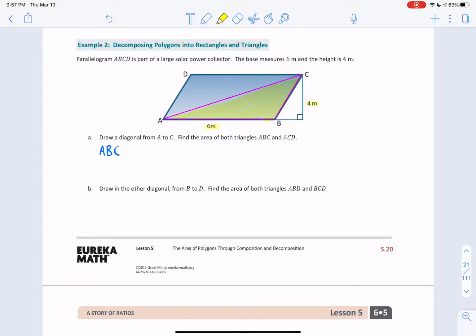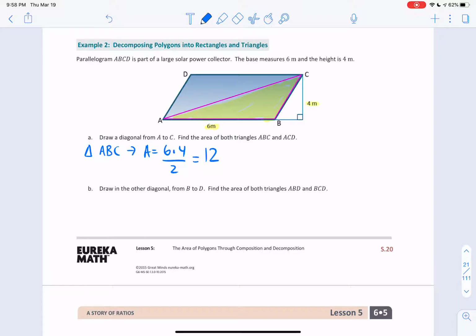Area of the yellow triangle. Well, in order to find the area of a triangle, we need to know its base and its height. So area equals triangle ABC. Area equals base is 6, height is 4, and then divide it by 2, and we get 12. Right?